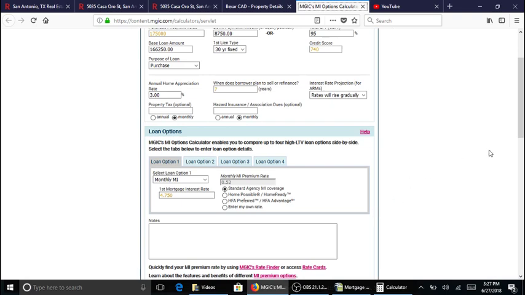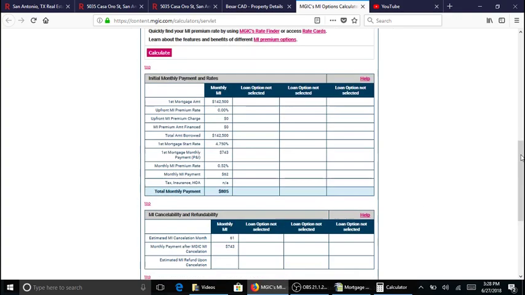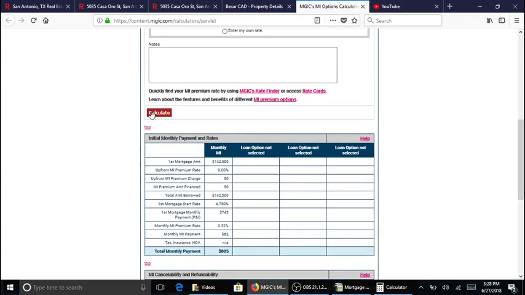So let's go ahead. Monthly mortgage insurance, right? We'll do monthly MI, no split, no single, none of this stuff. It's just monthly MI, standard right there. Let's just say your rate is 4.75 on this loan. And scroll down. Let's click on calculate.